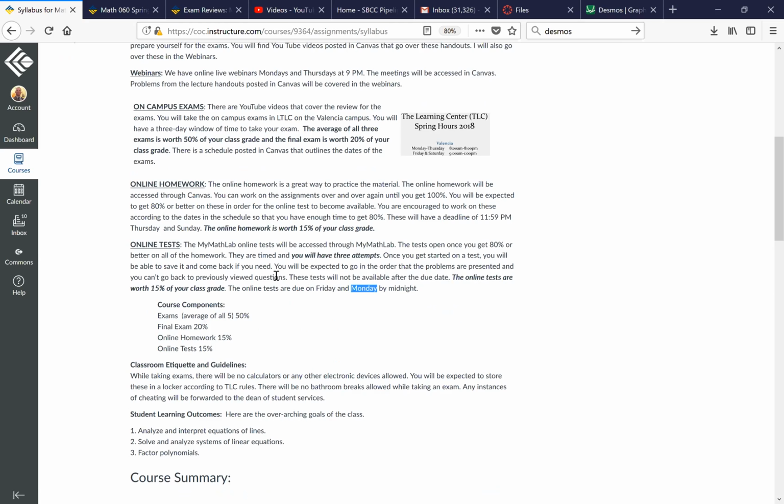If you give yourself enough time, you should do very well on these, meaning if you get your homework done well before Thursday, you'll have plenty of time to take your 3 attempts on those online tests. These tests will not be available after the due date. The online tests are worth 15% of your class grade. So we went over the exams being 50%, the final 20%, online homework 15%, and online tests 15%.